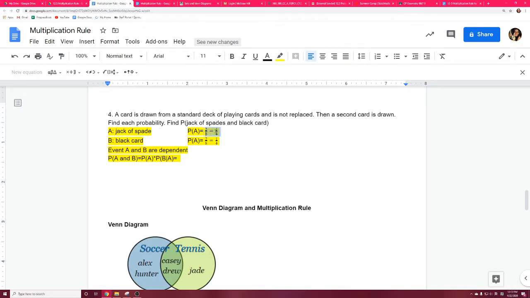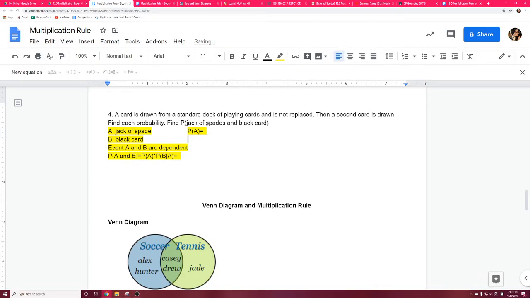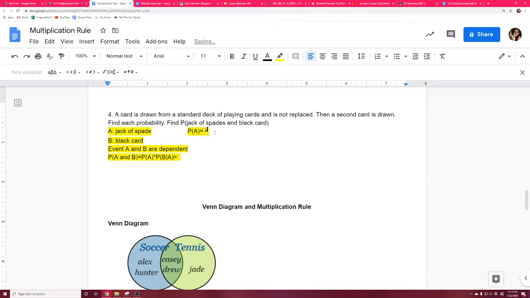Okay, let me erase all of this. And event A's fraction will be 1 out of how many cards we have? 52 cards we have.